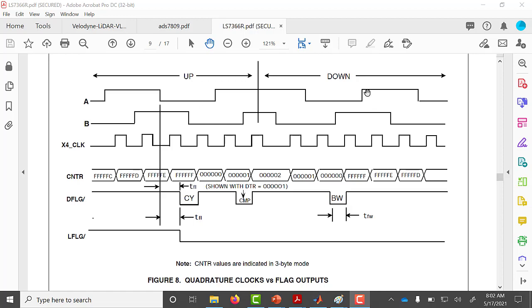And then A rises, so you're going from -1 to -2, and so forth. This notion of quadrature says that you're counting both the rising and falling edges of A and B. So if in my example I had 2,000 lines, that means that I would get actually 8,000 counts per revolution of that motor I showed you.